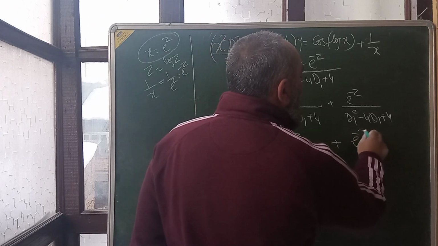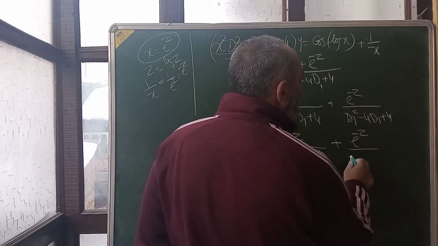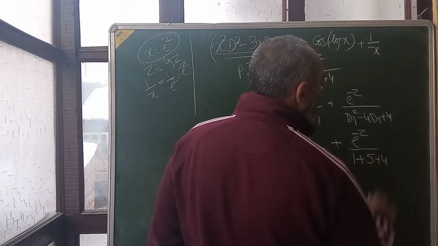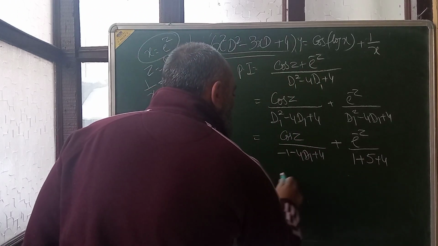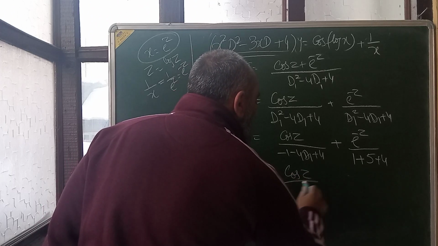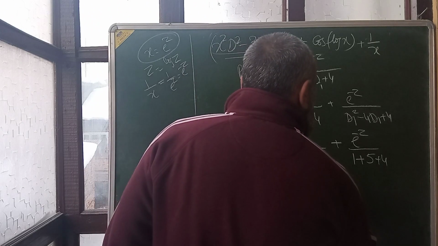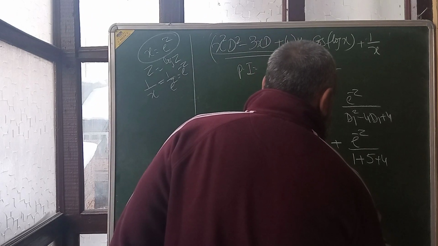Then for e raised to the power minus z, D1 is minus 1: minus 1 square is 1, plus 4 plus 4, that is 9. So cos z upon 3 minus 4 D1, and e raised to the power minus z by 9.